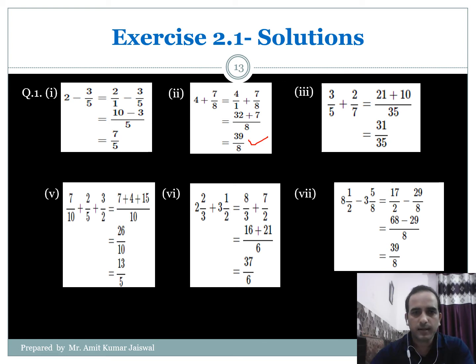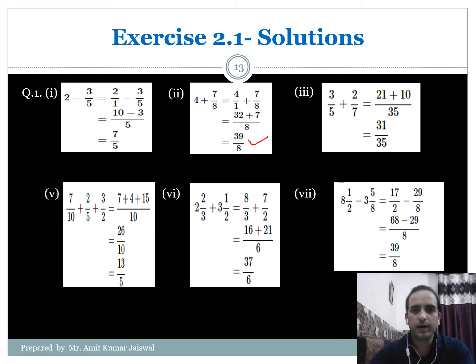So all the parts are done in the same way. You can see here, in the case of this part, the mixed fraction has been converted into an improper fraction, and then again their denominators, taking the LCM: 3 and 2, the LCM is 6, so this is to be converted into 6, and this is also to be converted into 6. 3 is to be multiplied by 2, so 8 times 2 will be 16, and 2 multiplied with 3, so here we have 6, so 7 times 3 is 21, and we have added them.